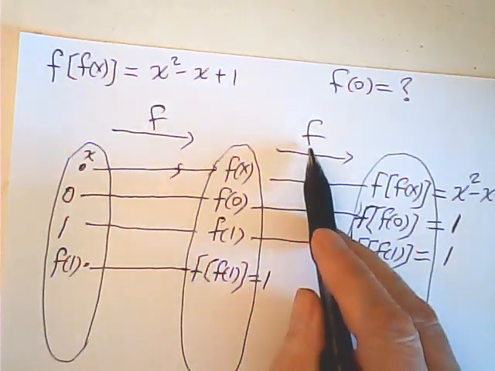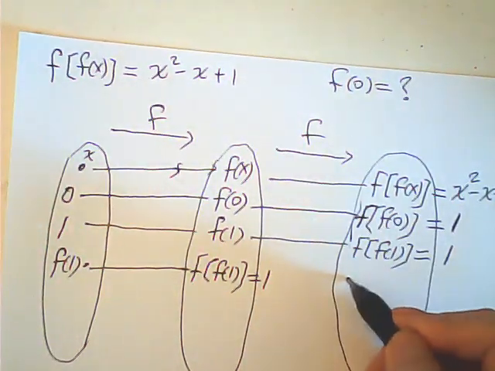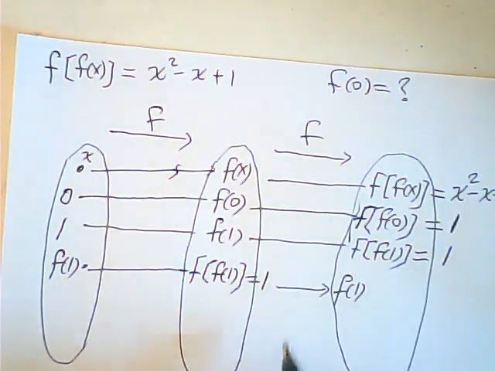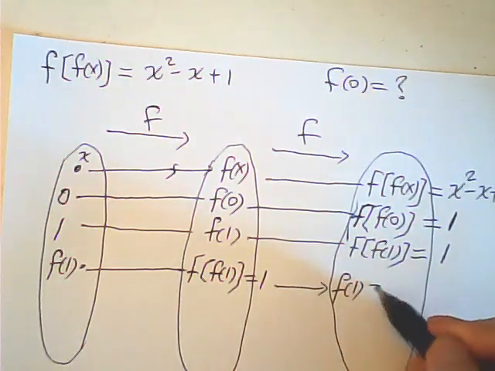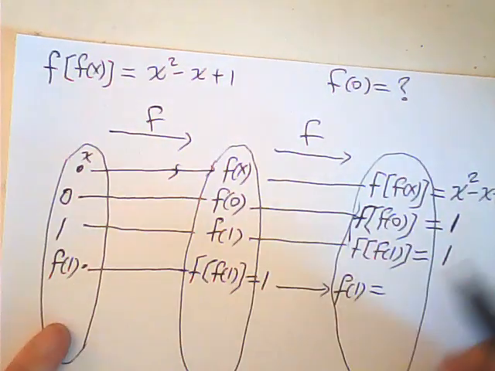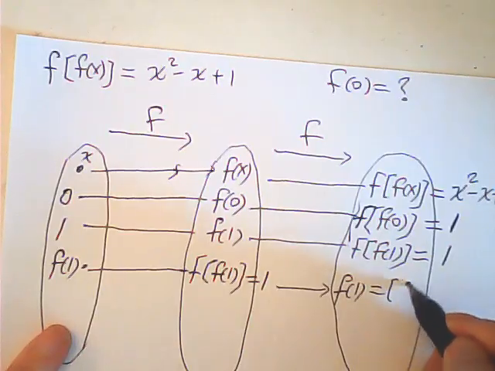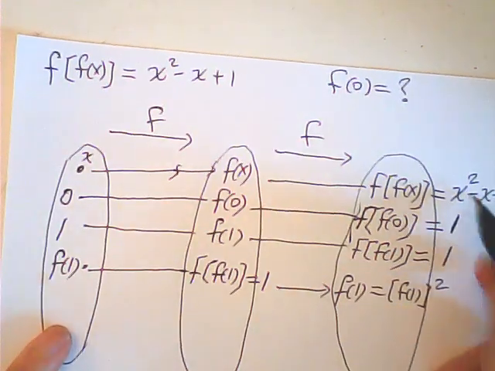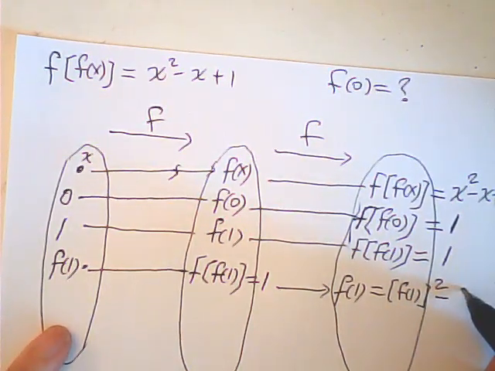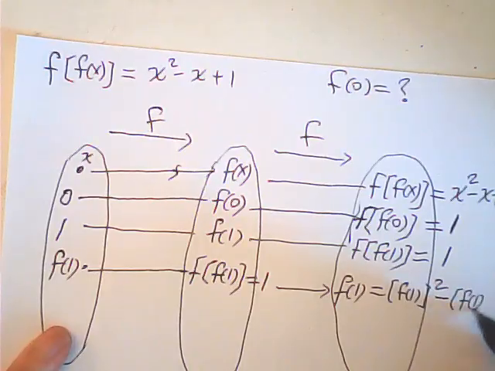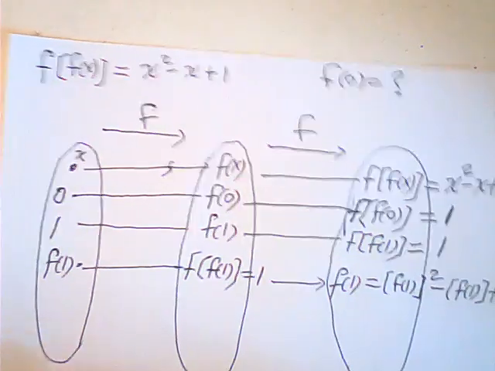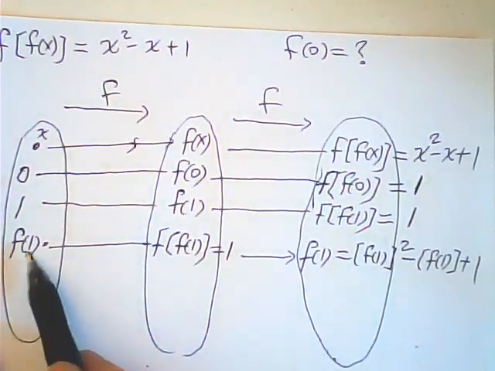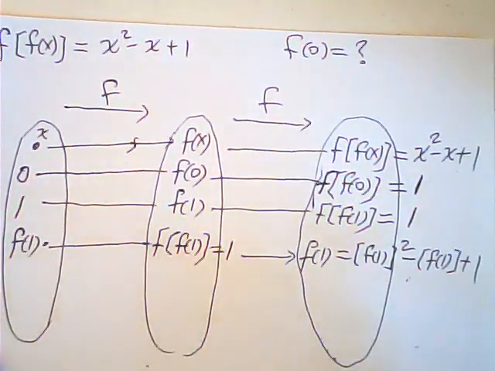So under this mapping, that is equal to f(f(1)). See? f(1). But by the definition, it is equal to f(f(1)) squared, right? Minus f(f(1)) plus 1. By definition, this one becomes this.